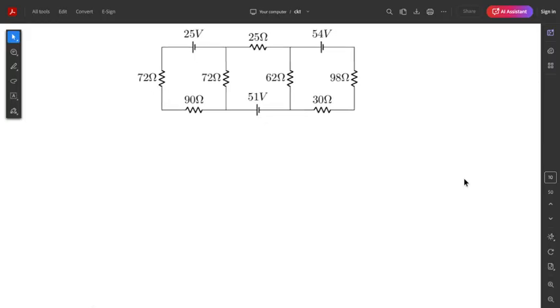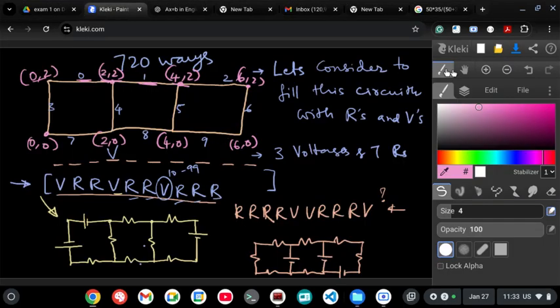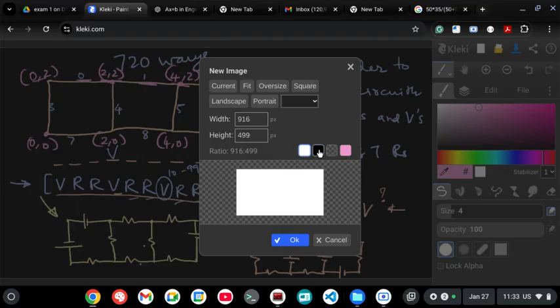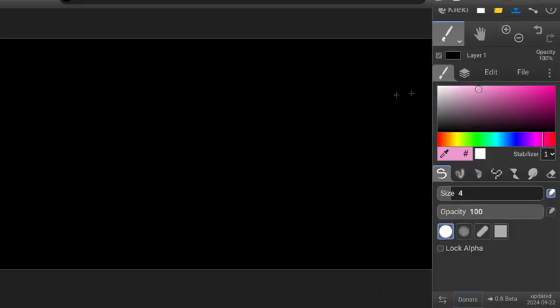So for solving this, I think some of my videos have mentioned what is called the loop current method. Okay, so let's explain that. I think it's better to take an example. So I'm just taking one example. This one I'll take.